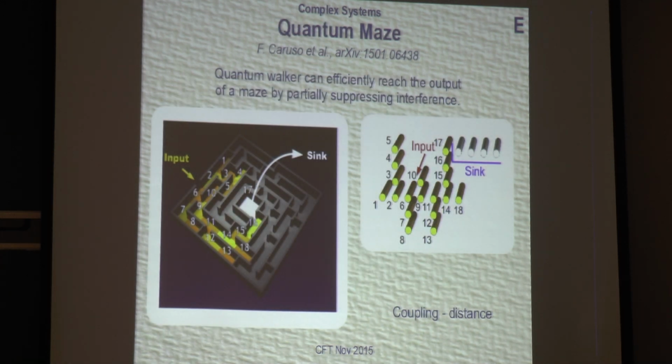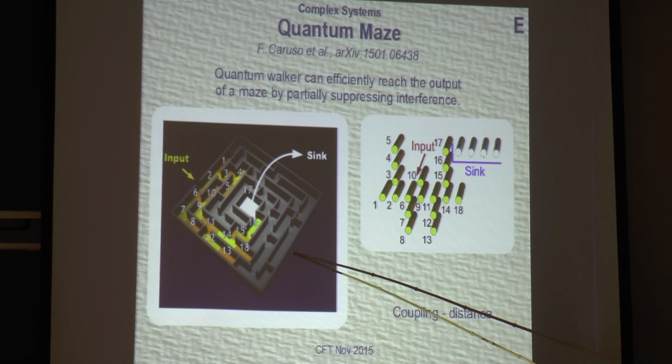Quantum walks have also been shown to efficiently describe a quantum maze, classically intractable. However, a quantum walk can more efficiently reach the output of a maze by partially suppressing quantum interference, namely by adding a controlled amount of decoherence.